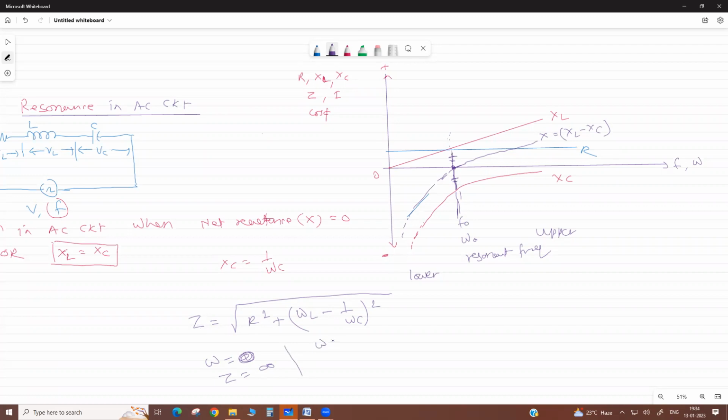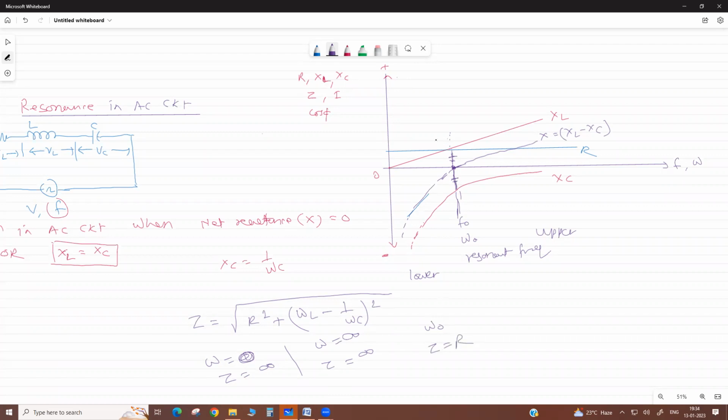When omega is infinity, Z is also infinity due to this. And at resonant frequency, when omega is omega naught, Z equals R.